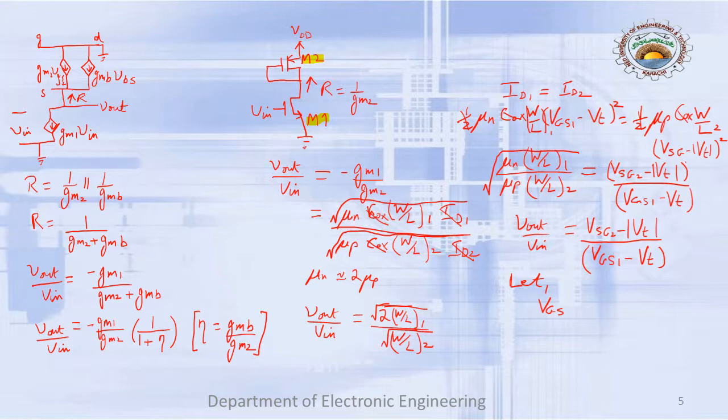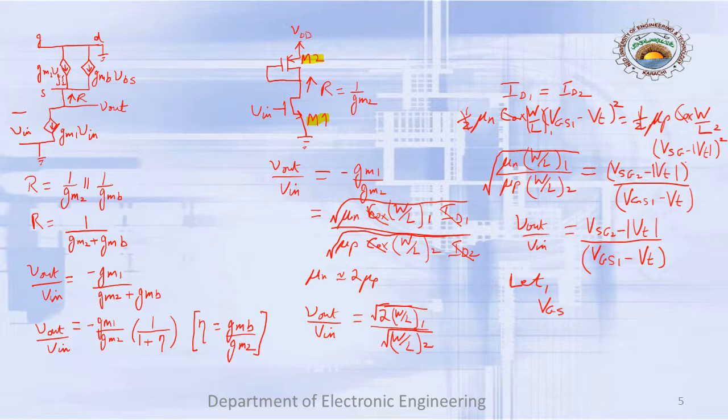And what is eta? Eta is equal to the transconductance due to the substrate, the ratio of this to the transconductance of the diode connected transistor. So this is a definition, and we see that minus GM1 upon GM2 is equal to this.